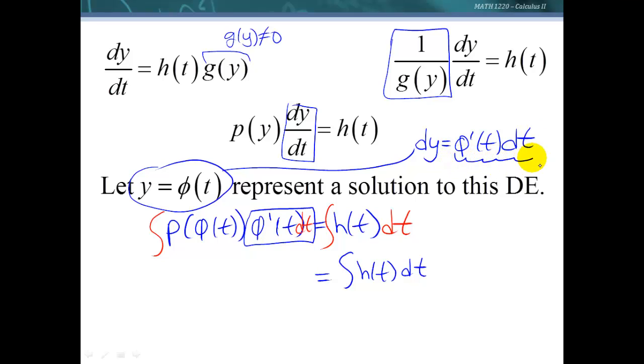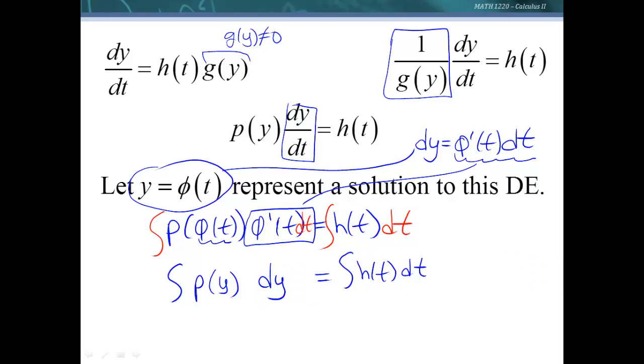So I could replace this with dy. So let's do that, and when I do that, I'm going to replace this back with y because y does equal phi of t. So here is our p of y, this is dy.